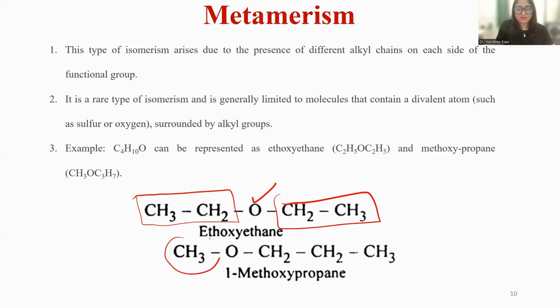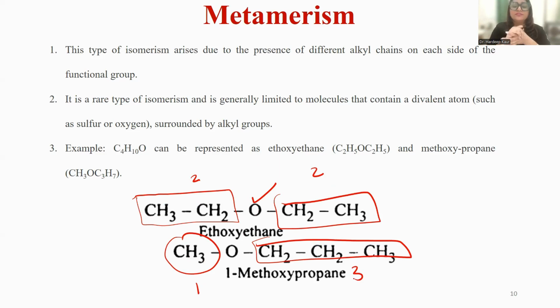But here it is 1 and a longer carbon chain. It is 2, 2, but here it is 1, 3. Because of this, their IUPAC naming changes, like ethoxyethane or methoxypropane. This is methoxy and this is 3-carbon propane, but it is ethoxyethane.